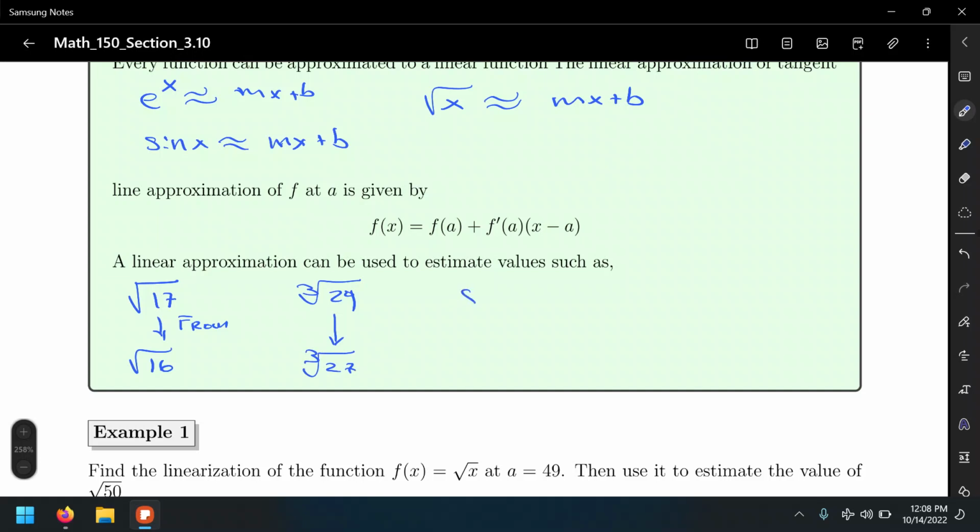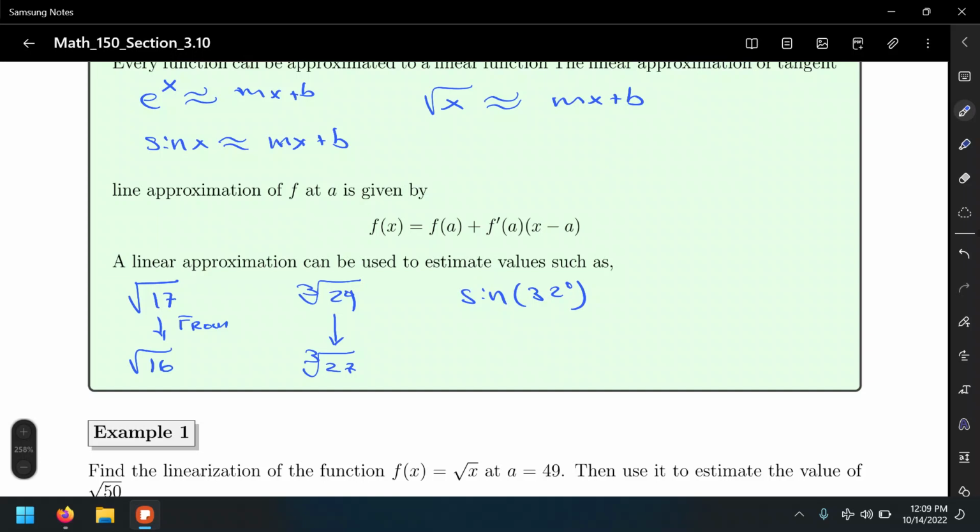Even, maybe sine of 31 degrees, or let's see, 32 degrees, right? Well, unfortunately, the 32 degrees, it's not a special angle like the ones that we know from the unit circle, like 30 degrees, 45 degrees, or 60 degrees, or its multiples if we go around the whole unit circle.